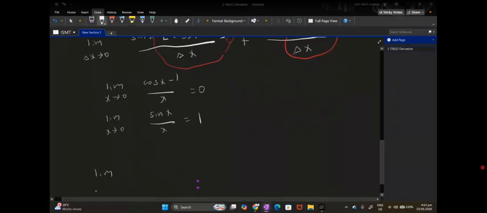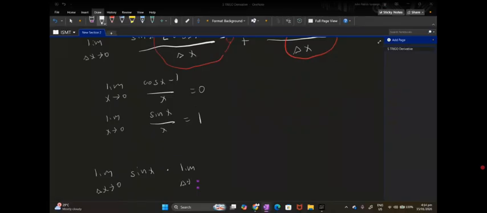So, magiging the limit of delta x times sine x multiplied by the limit of delta x of cosine of delta x minus 1 over delta x.